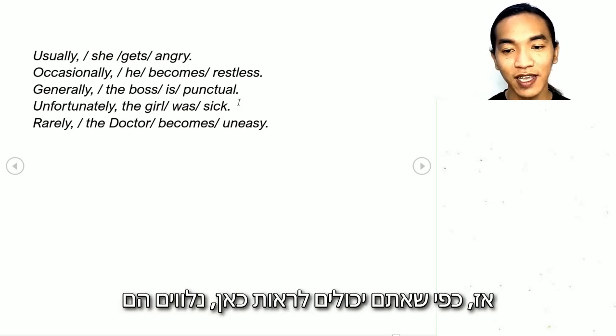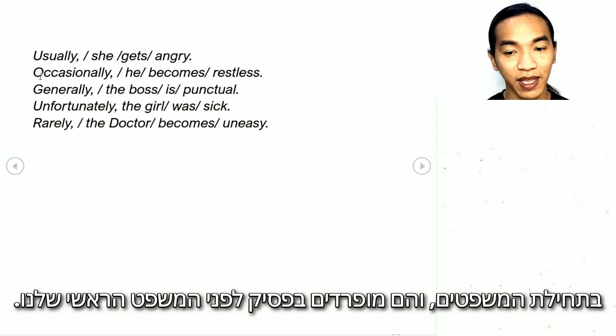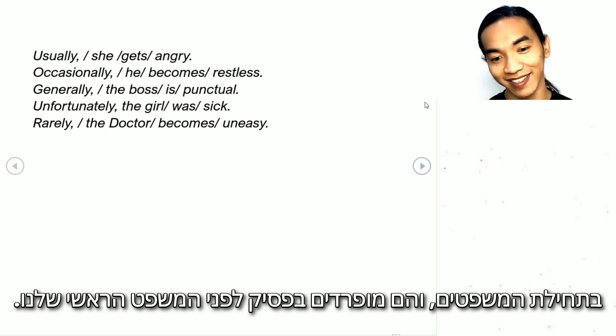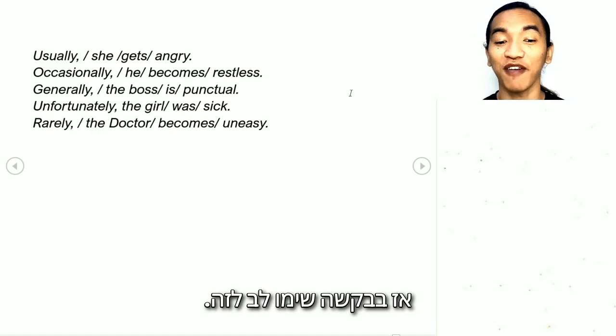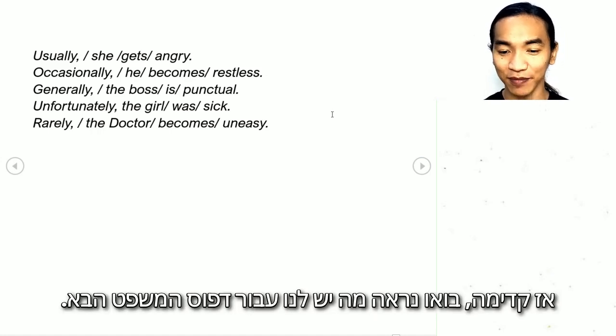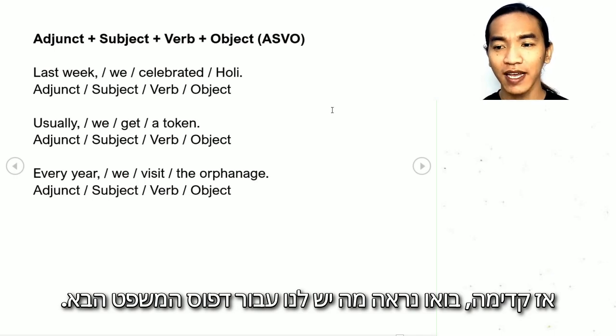So as you can see here, adjuncts are at the beginning of the sentences and they are separated with a comma before our main sentence. So please take note of that.